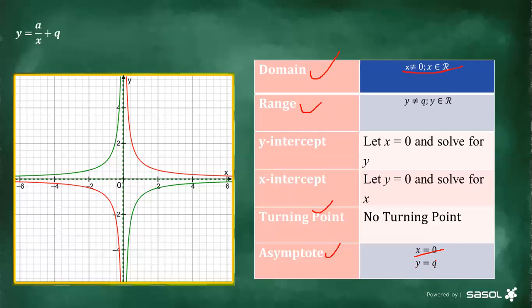The green graph is in the second and fourth quadrants, meaning the value of a for that graph is negative. The red graph, in the first and third, shows that the value of a is positive. That is for the hyperbolic function.